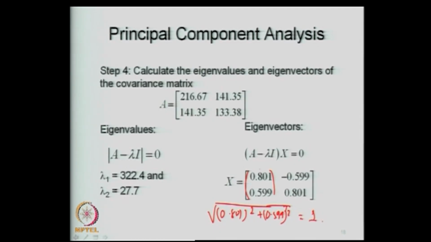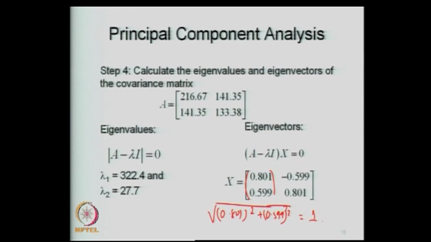So, generally any program, if you use MATLAB etcetera and ask for eigenvectors, it returns unit eigenvectors, and by unit you recall that we mean the distance given by the vector is 1. Similarly, you can see that the distance given by this is also equal to 1.